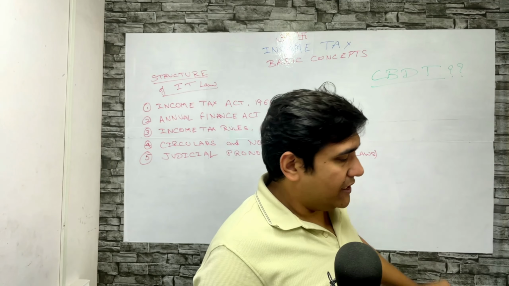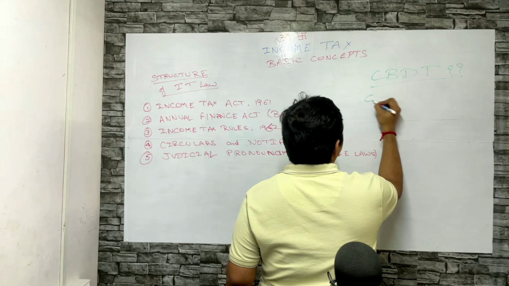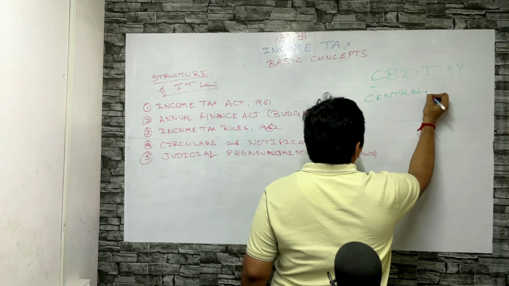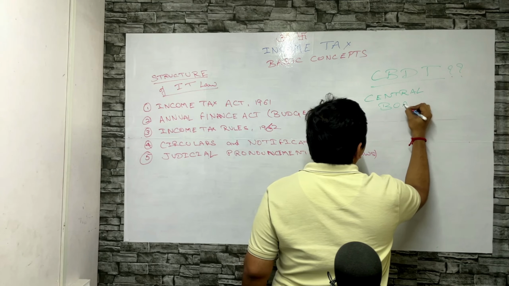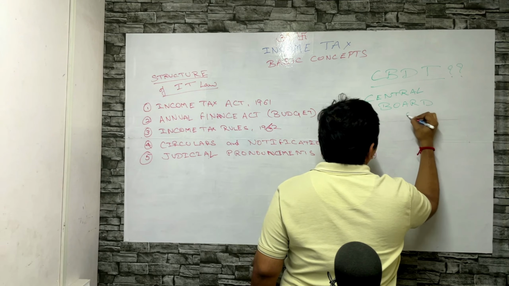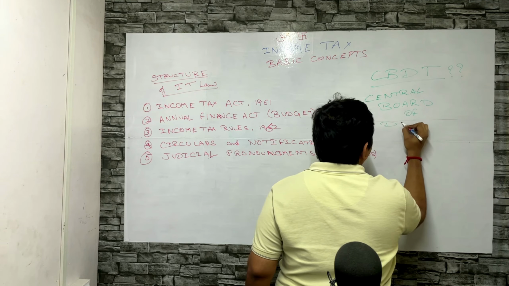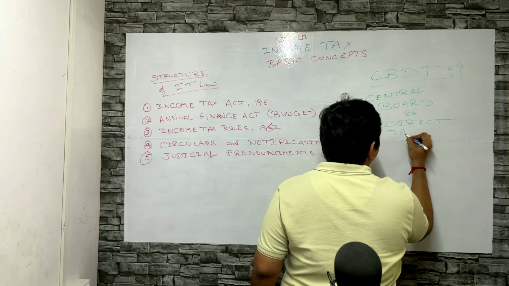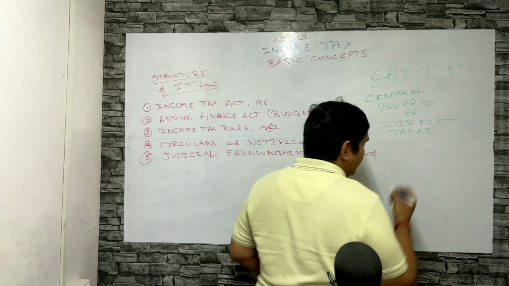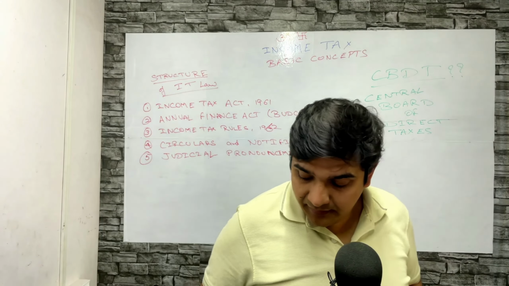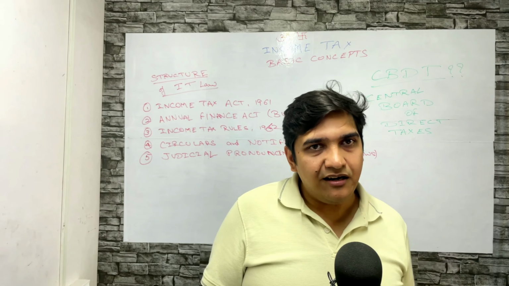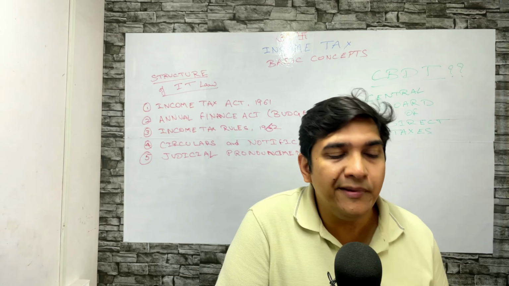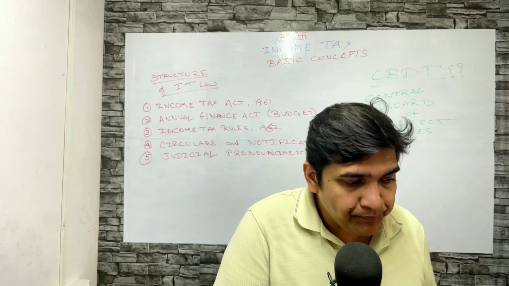CBDT stands for Central Board of Direct Taxes. It is the ultimate authority who administers the direct taxes in India.